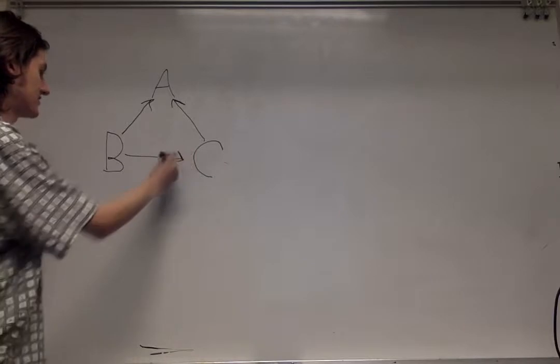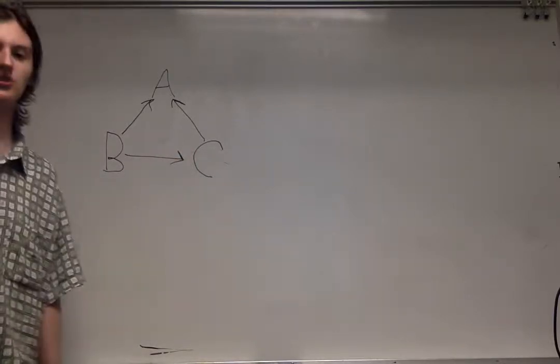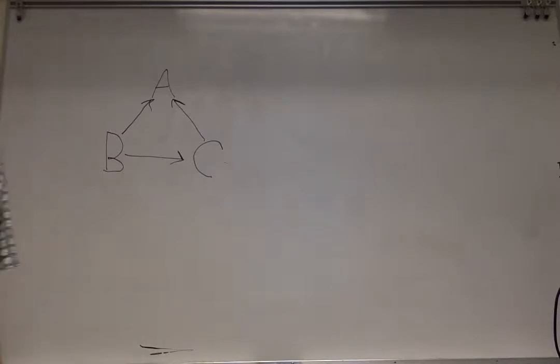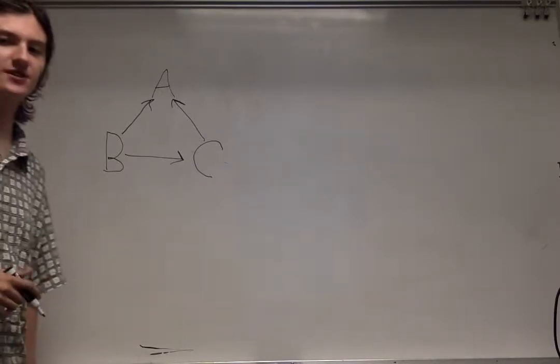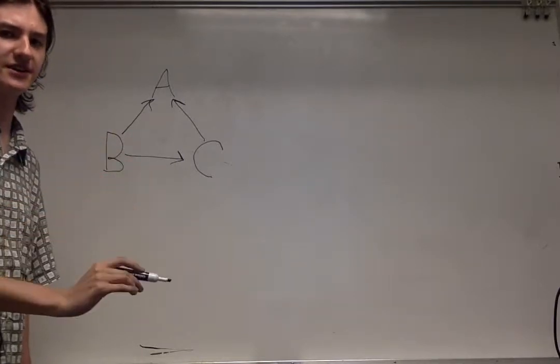B has a connection to C. Because this is a fairly simple thing, we can already see that what we'll end up with is that the rank of pages will be A first, then C, then B.